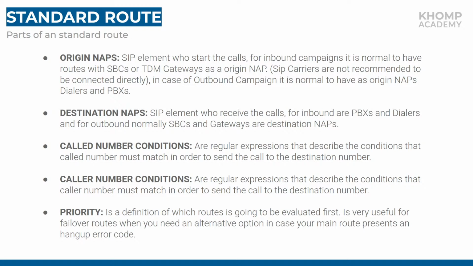But you have to take care about called number conditions. This is normally known as a dial plan. Okay, I have a dial plan. This is how the flow will receive that call from the origin NAP. The way we describe this in our routing system is using regular expressions.